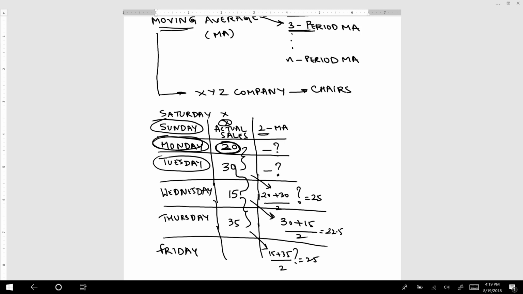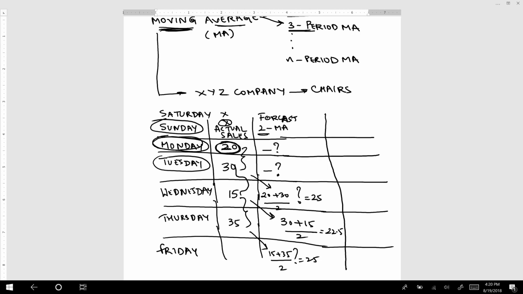So this is a 2-period forecast. We are moving our average by two time periods in 2-period forecasting. If they ask for 3 periods, we take the average of 3 time periods and move by 3 time periods. Suppose I want to do the same thing with a 3-period moving average.